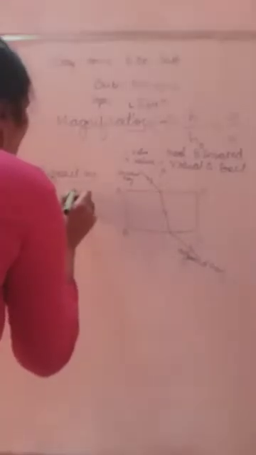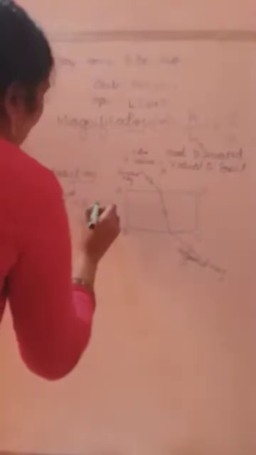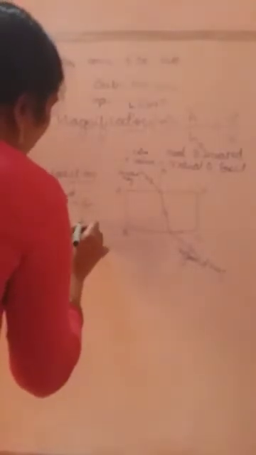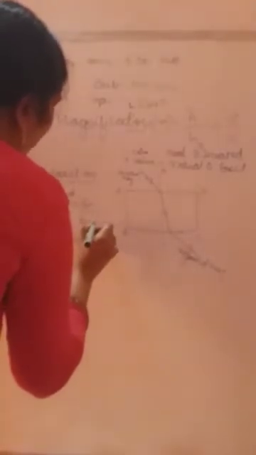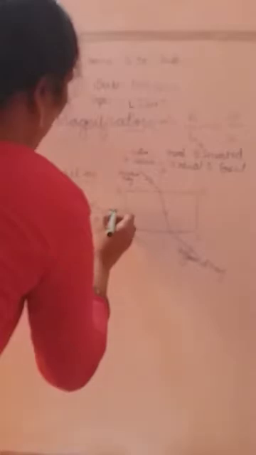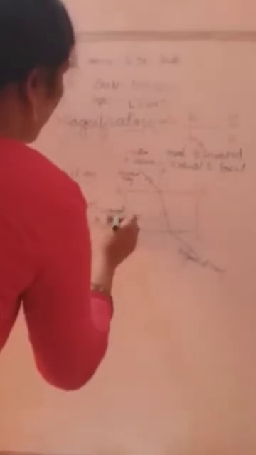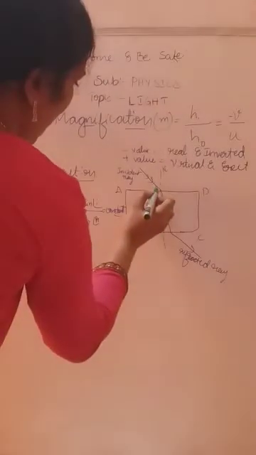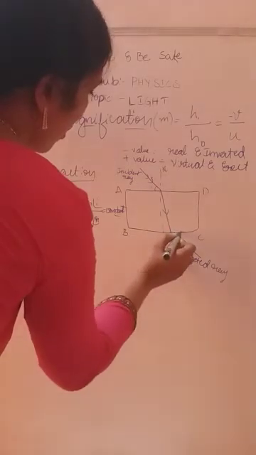And what does the second law state? The second law of refraction says the ratio of the sine of the angle of incidence and the sine of the angle of refraction is constant. So consider this is the angle of incidence and this is the angle of refraction.